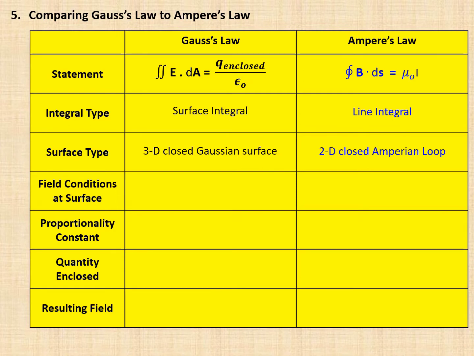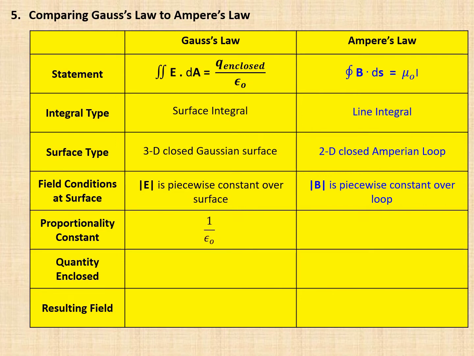In Gauss's law, we choose a surface such that the magnitude of the electric field is either constant or at least piecewise constant over the surface. And you might expect that when we apply Ampere's law, we want to choose an Amperian loop, or a two-dimensional integration path, such that the magnetic field is either constant or at least piecewise constant over the loop.